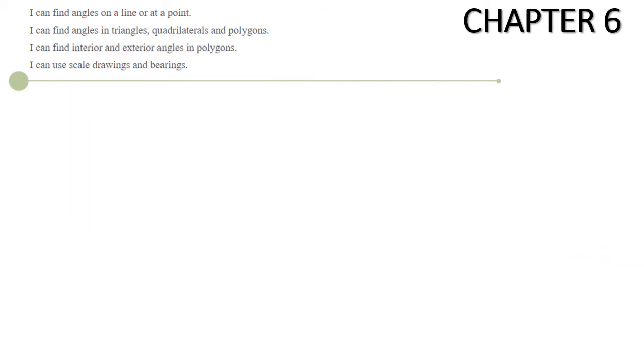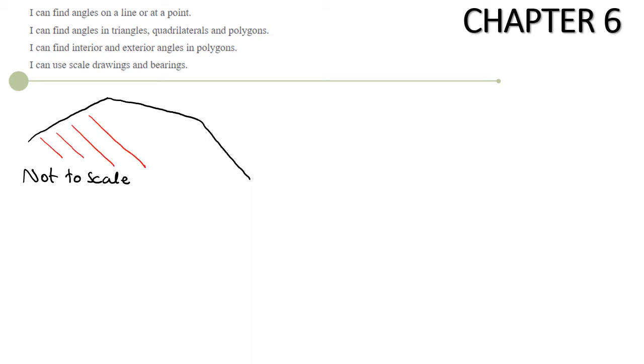Now I've seen a lot of questions in exams, something like this. So it's drawn a part of a polygon and it will say something like this: not to scale. Okay, so this is a part of a polygon and they've only drawn a part of it.